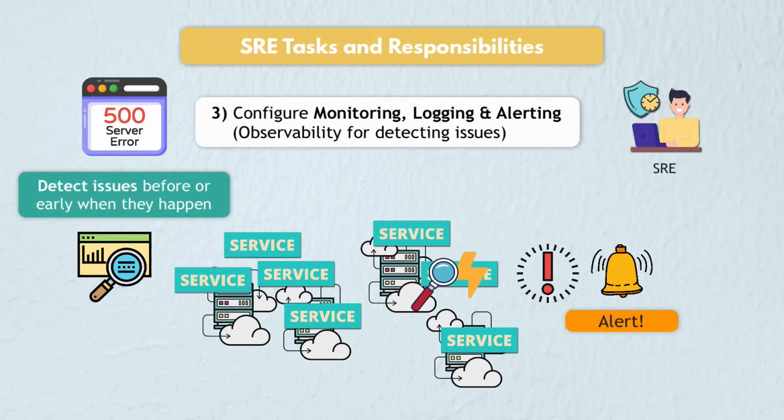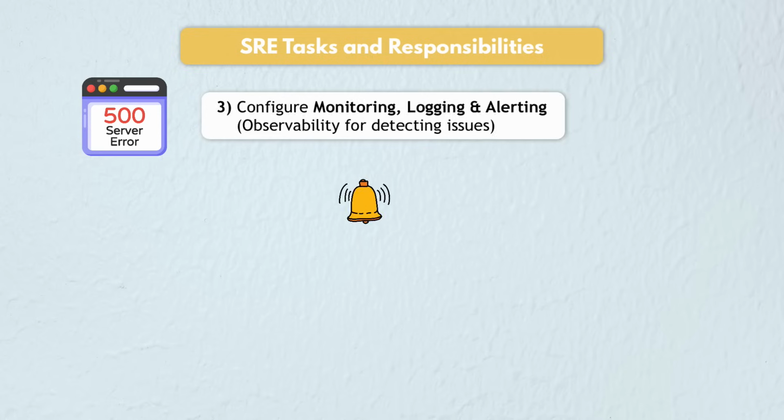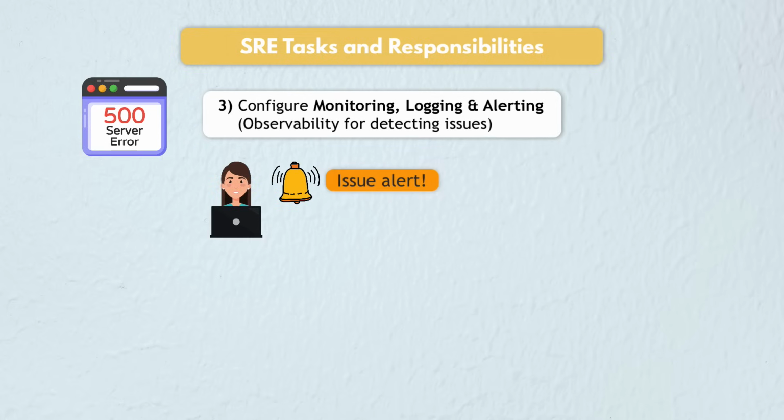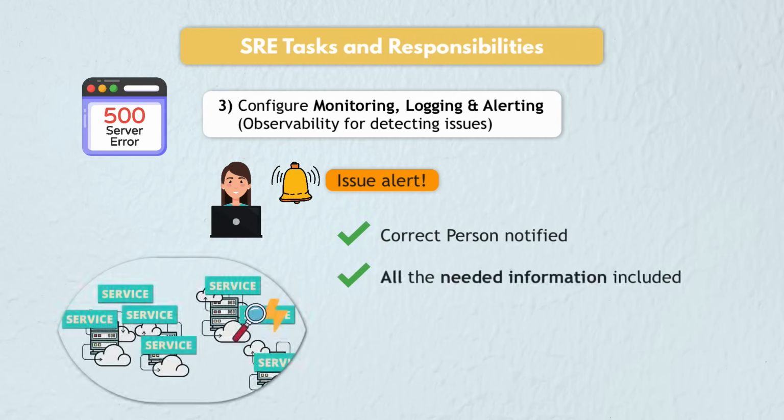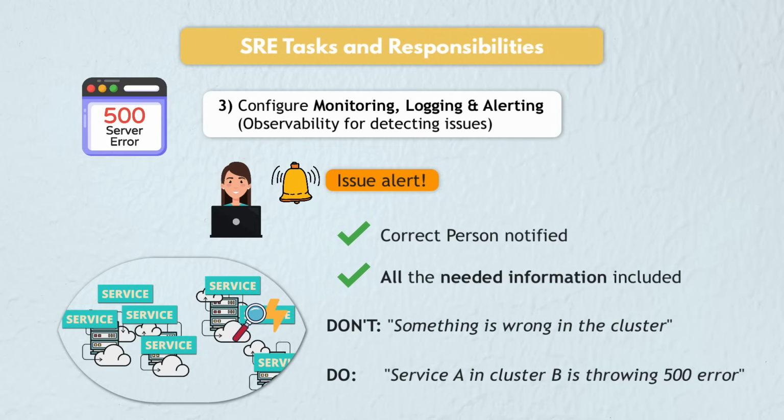Now, another important part of this whole configuration is that when the issue is alerted, and ideally the right person in the team gets the message, the alert message should contain all the needed information to identify and fix the issue fast. So instead of "something is wrong in the cluster," a more detailed message like "service A in cluster B is throwing 500 error," for example.